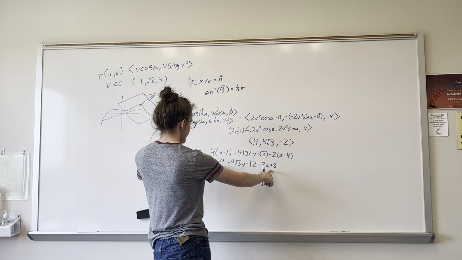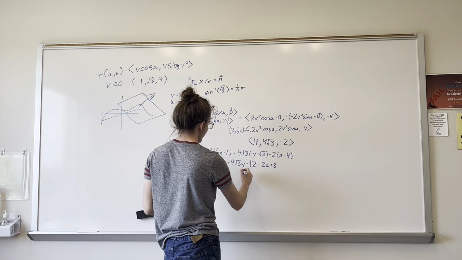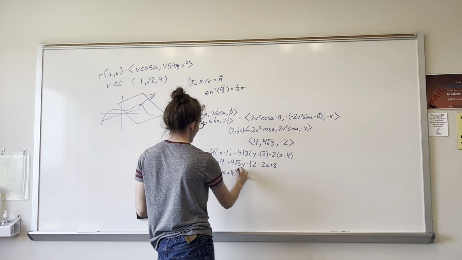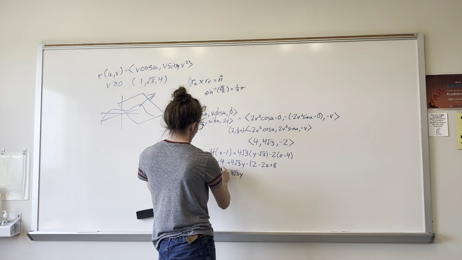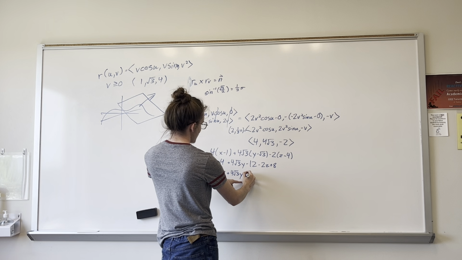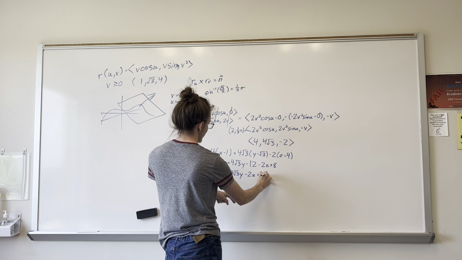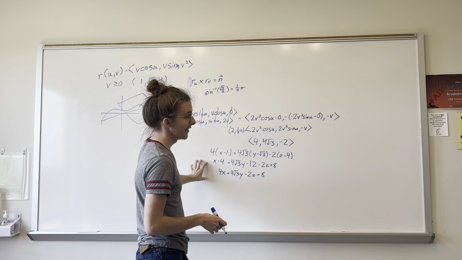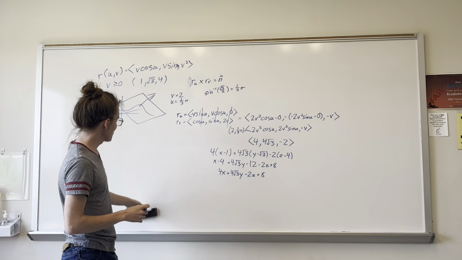So minus 4, minus 12, plus 8 is negative 8. So it's 4x plus 4 square root of 3 y minus 2z equals 8. And that is how to solve the tangent plane.